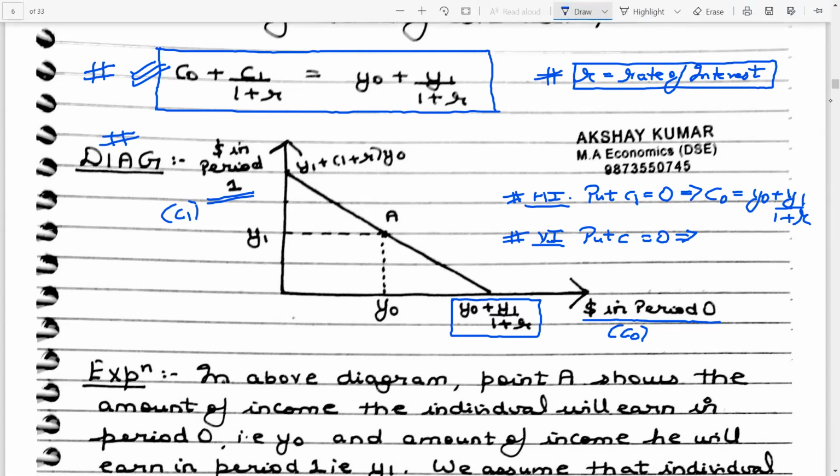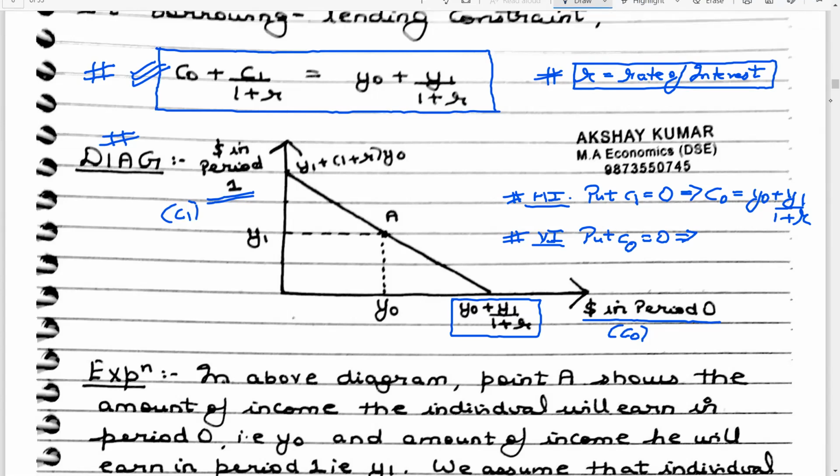Put C0 as 0 in this equation. You get C1 as Y1 plus Y0 into 1 plus R. So the horizontal intercept is found by putting C1 equal to 0. The vertical intercept is found by putting C0 equal to 0.